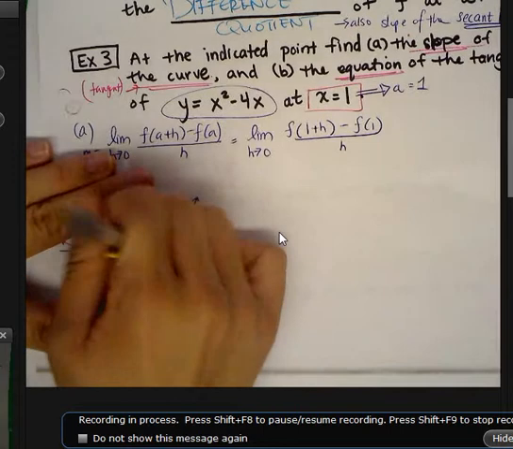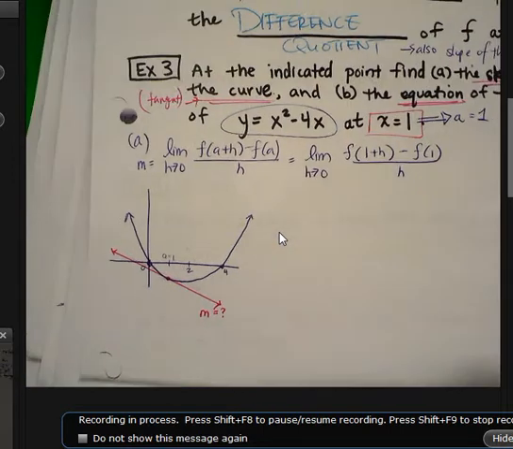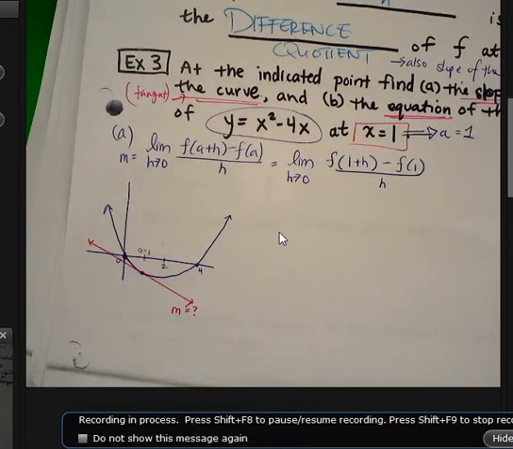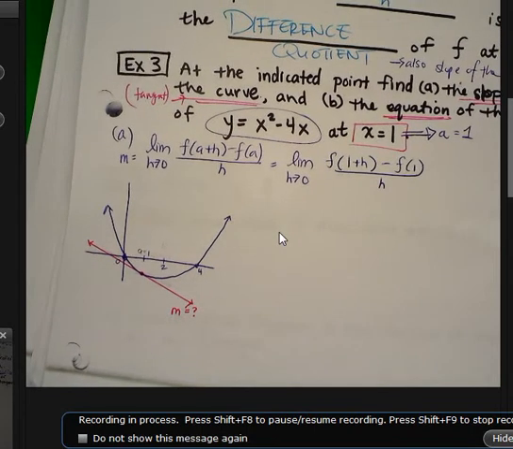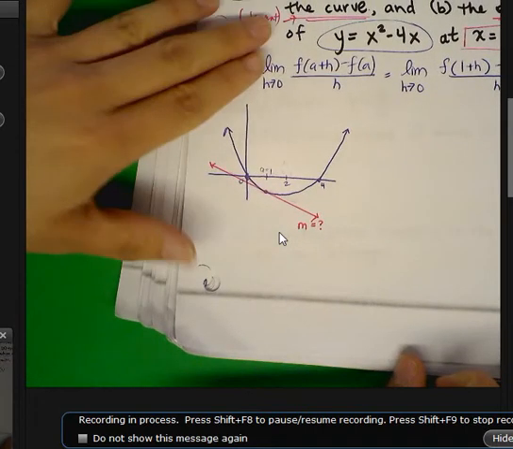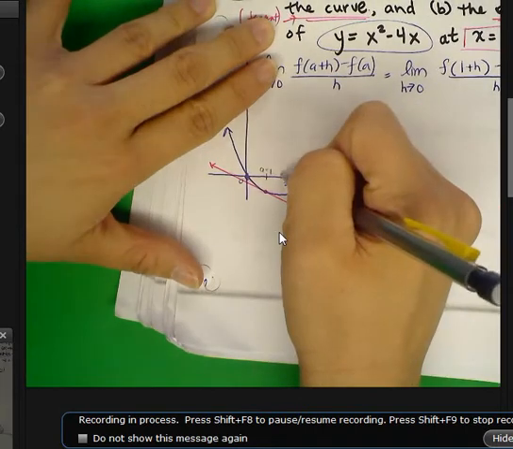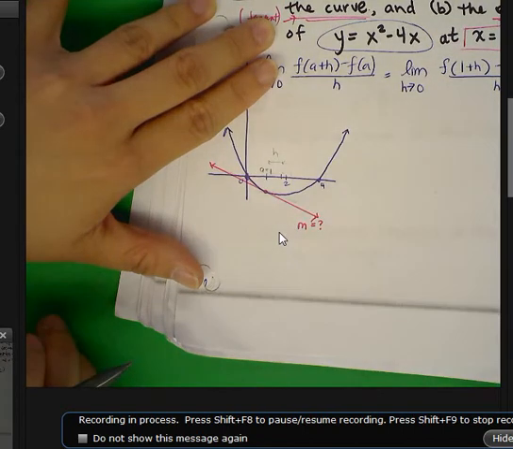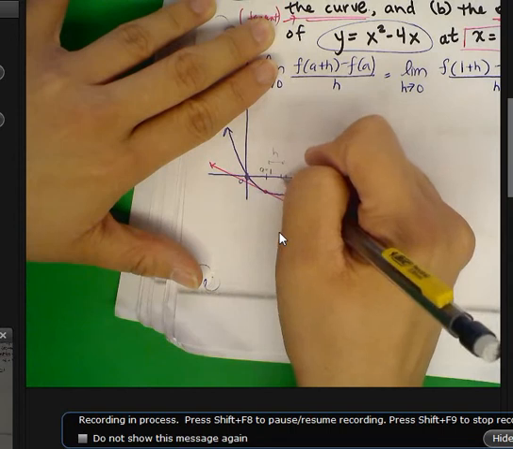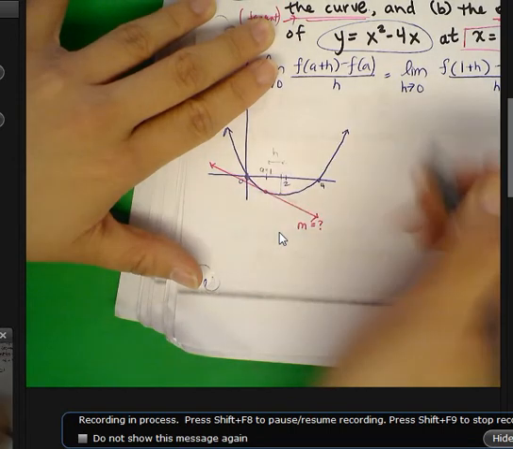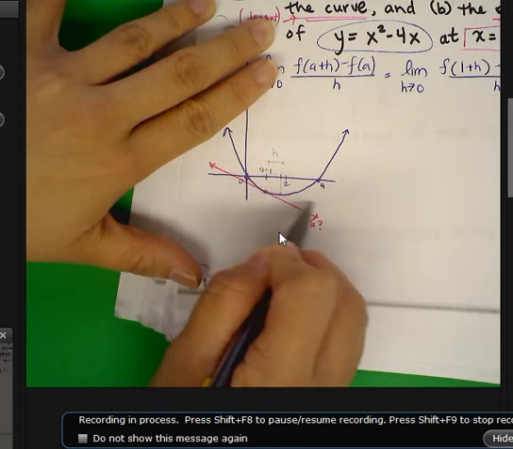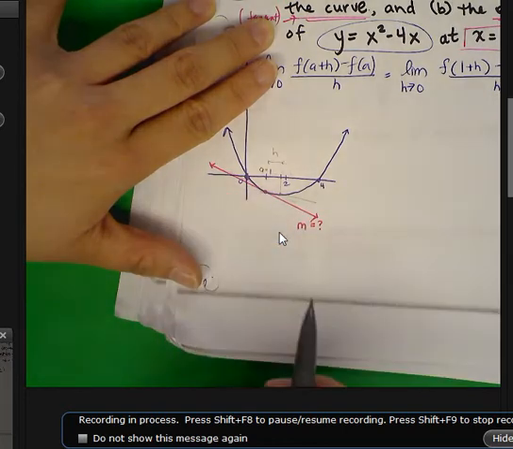So let me draw it. Let me zoom in a little. Okay. So let's say I start off with this much being my h. Then my a plus h is going to be right here, and my anchor is a equals 1. So I'm going to find the secant of that line, but that's not close enough.